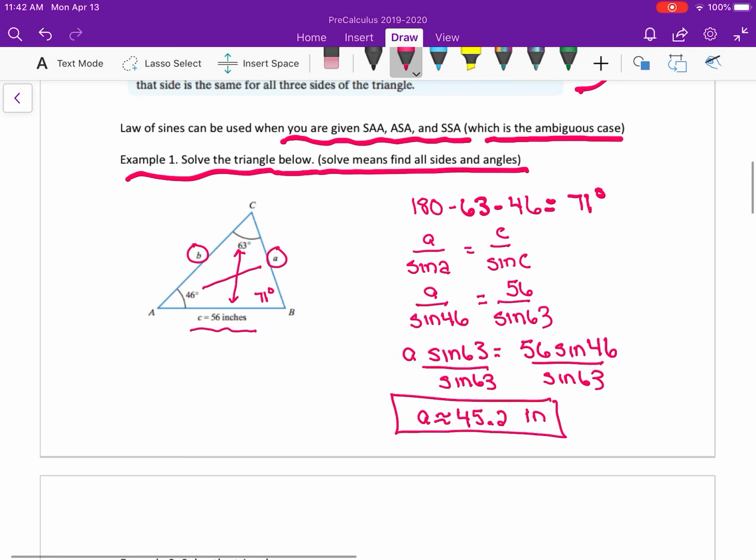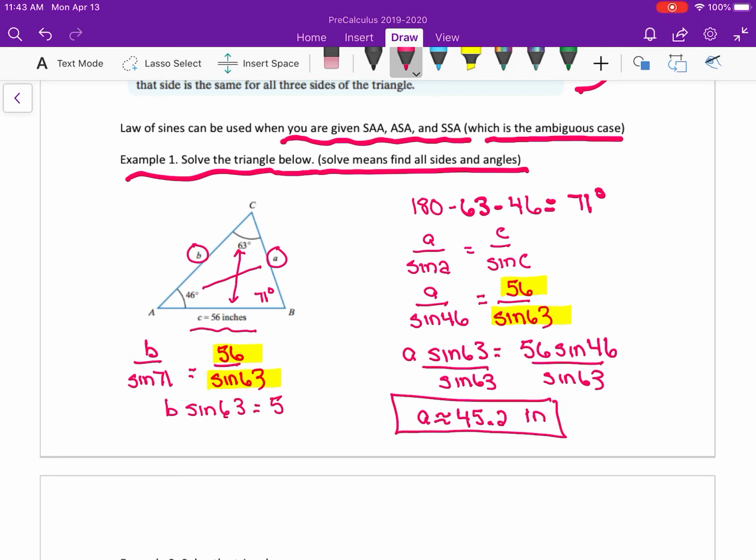Then we need to do the same thing to find our other side, which is side B. So we can just say that B over sine 71 equals 56 over sine 63. And notice we use the same 56 over sine 63 in both of them because they're just ratios. Cross multiply, so B sine 63 equals 56 sine 71.